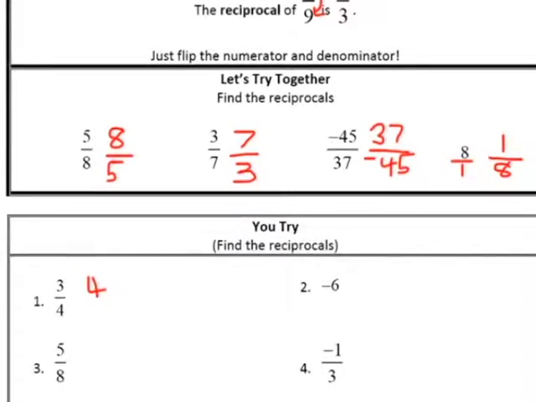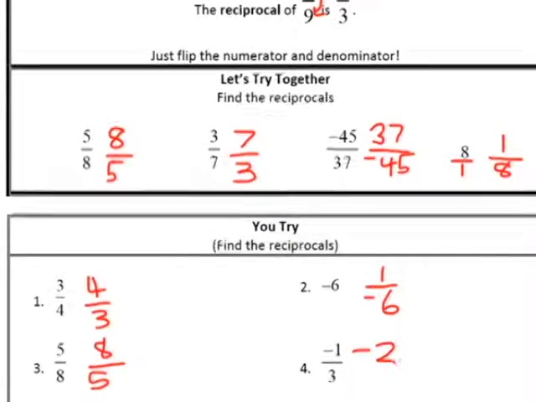Negative 6 should be, remember, whole numbers are just 1 over the whole number. 5/8 becomes 8/5. Negative 1/3 can become negative 3. Just like a whole number goes under the 1, if you flip it around the other way, you put it over the 1, or just make it a whole number.